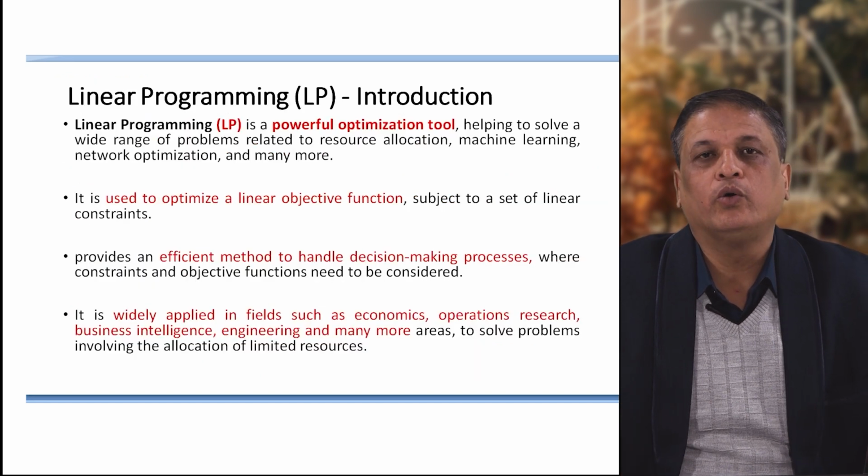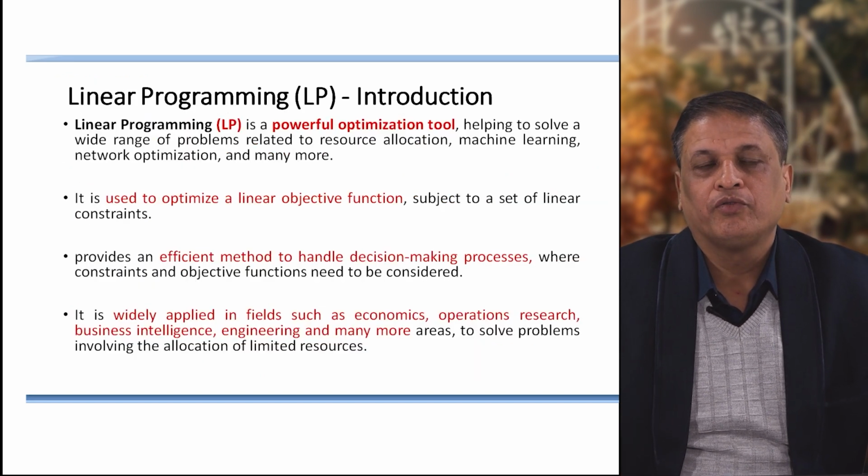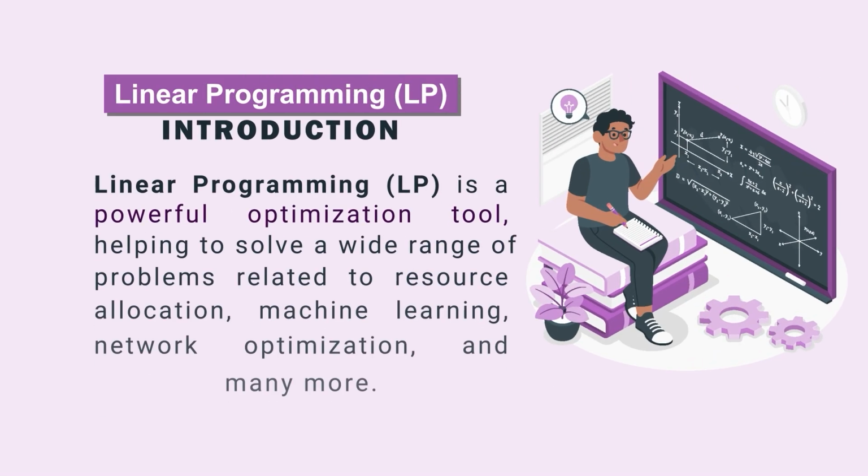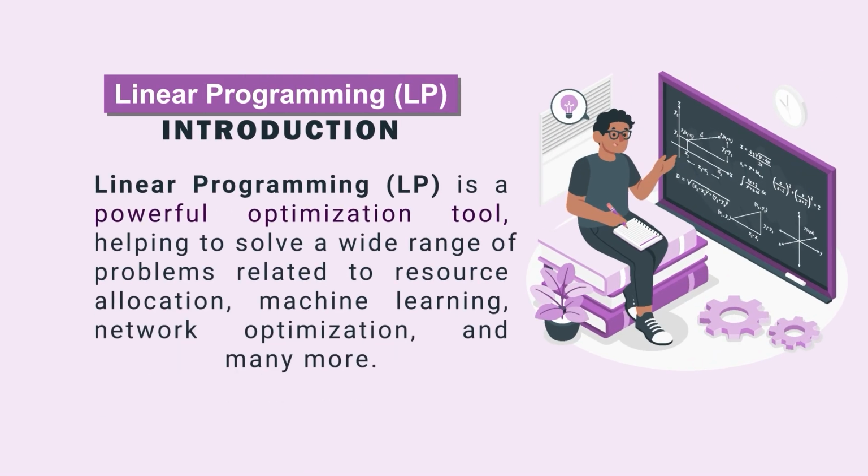So, by going through this example, we learned that linear programming is an optimization tool which is many a times required for problems wherein resource allocation is the prime requirement. It is also applicable to the fields of data science, machine learning and network optimization and many more areas of computer science.